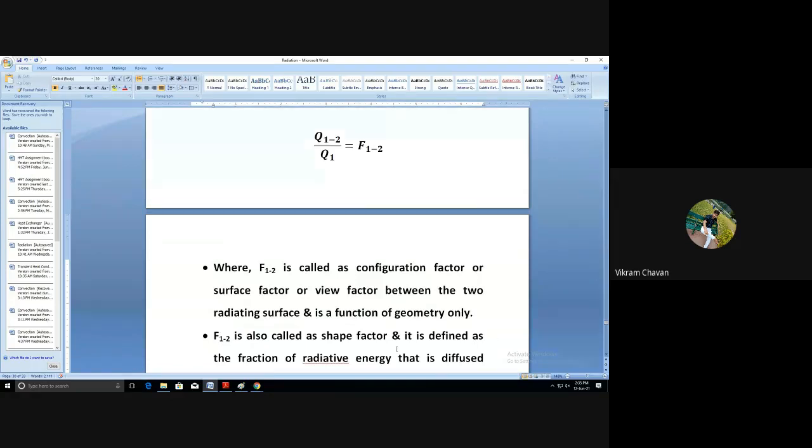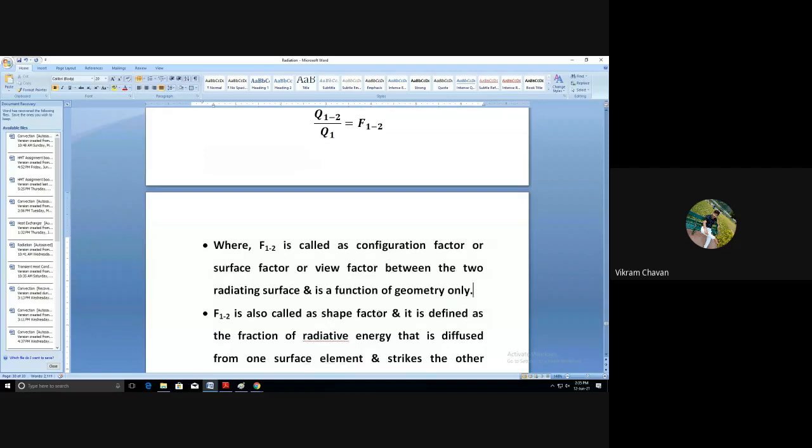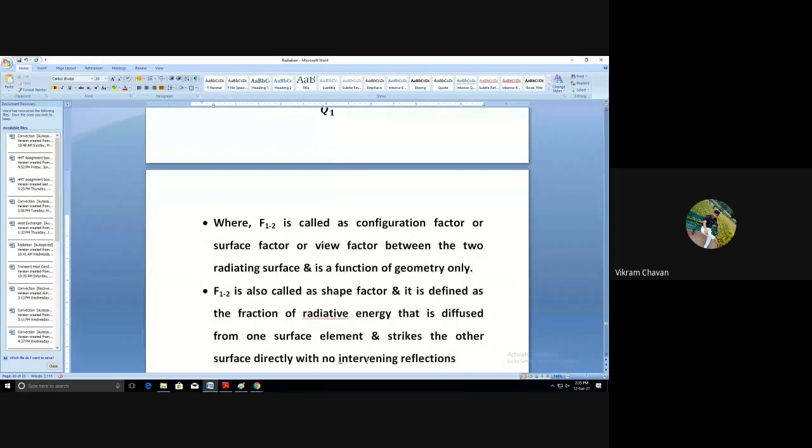So f1 to 2 is also called a shape factor, and it is defined as the fraction of radiative energy that is diffused from one surface element and striking the other surface directly with no intervening reflections. Okay. What is F1 to 2?